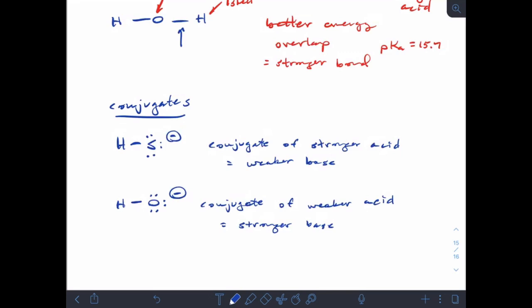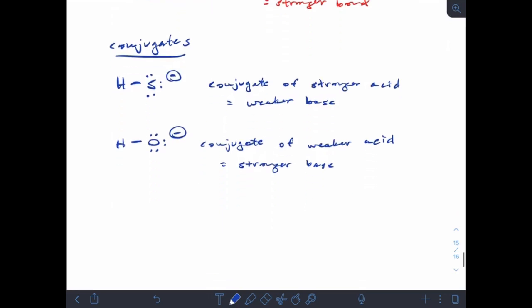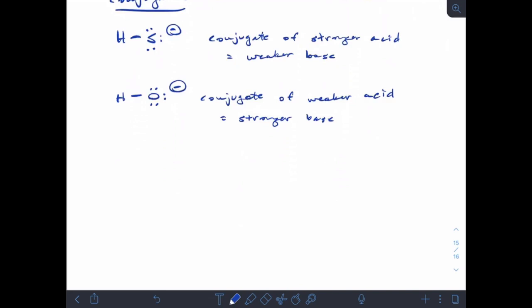In comparing these two things, those concepts from the previous video of evaluating conjugate pairs based on acid or base strength still apply. There's a trend that goes along here. I can look at it on the periodic table.